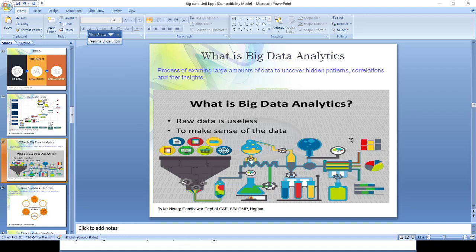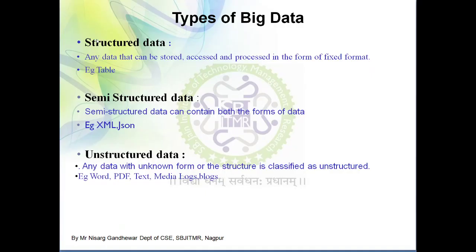Now the next concept is semi-structured data. What is semi-structured data? Semi-structured data can contain both forms of data. We are discussing three types: structured, semi-structured, and unstructured data. Semi-structured data is a combination of structured data as well as unstructured data.